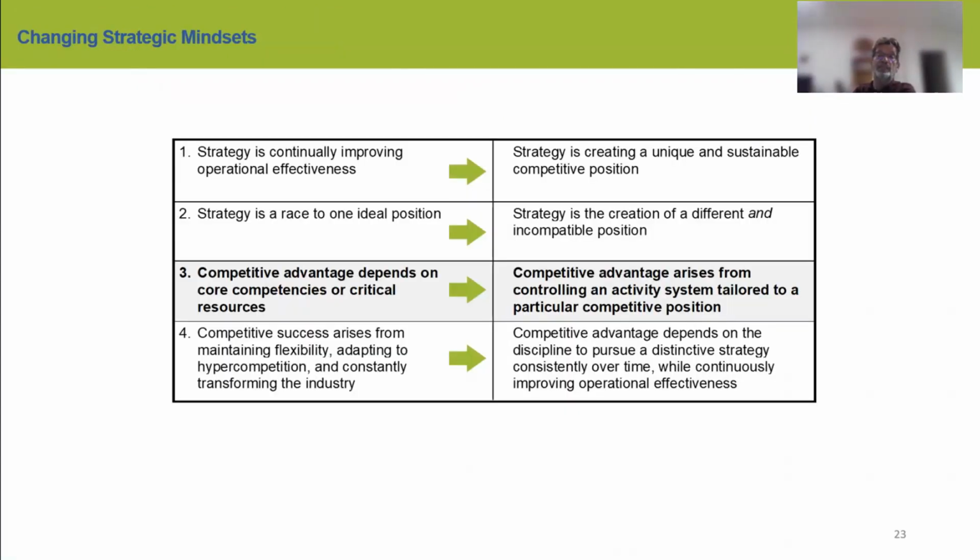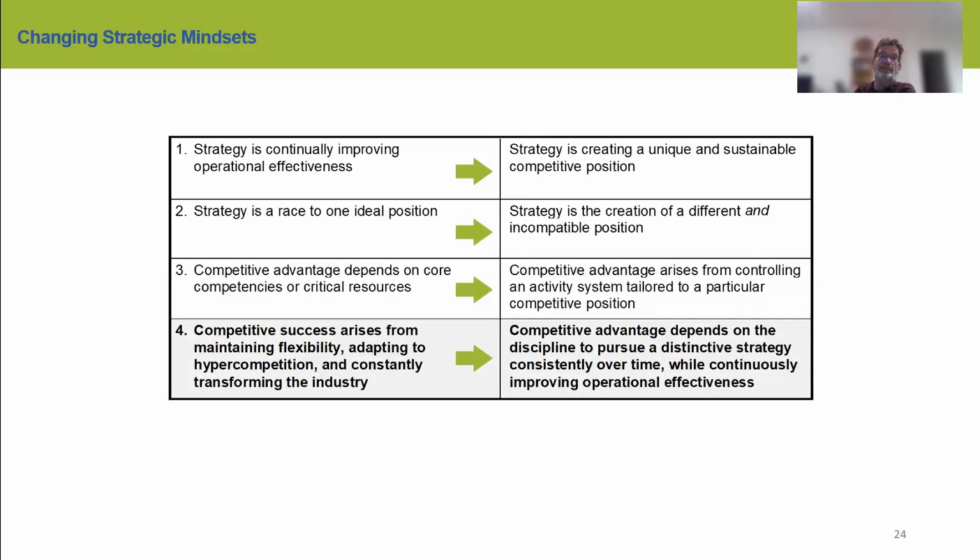The competitive advantage depends on core competencies or critical resources. So the competitive advantage arises from controlling an activity system tailored to a particular competitive position. And the competitive success arises from maintaining flexibility, adapting, as we said, to hyper competition and constantly transforming the industry.